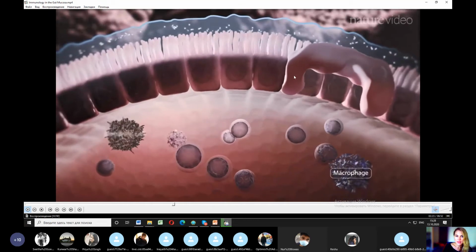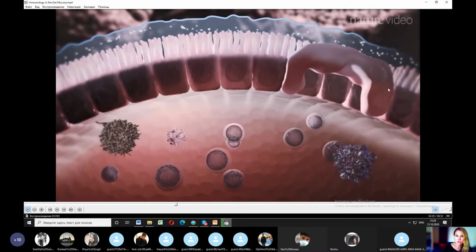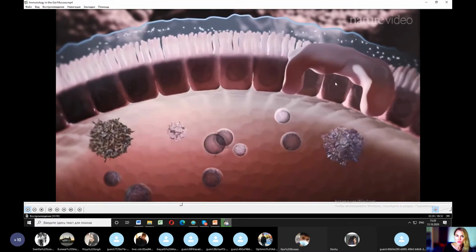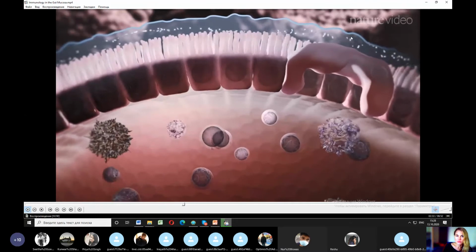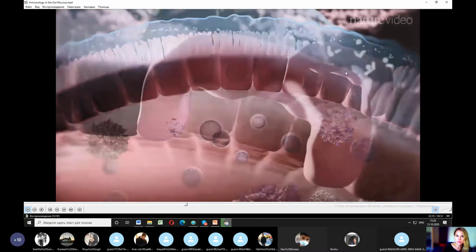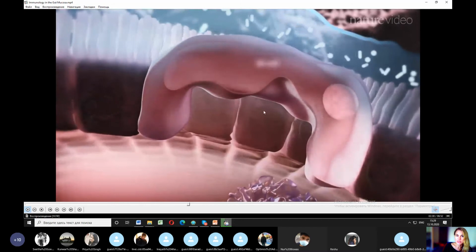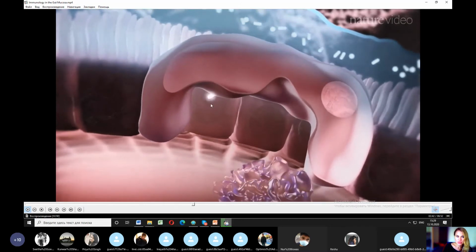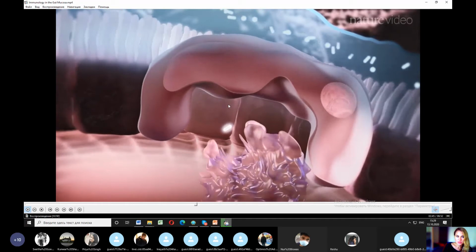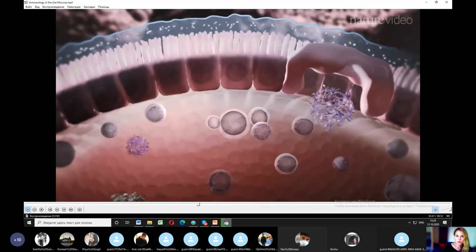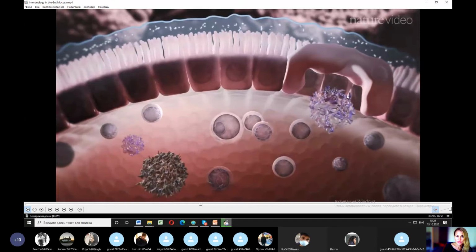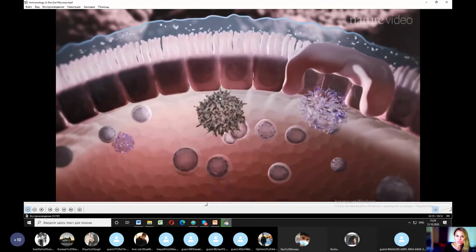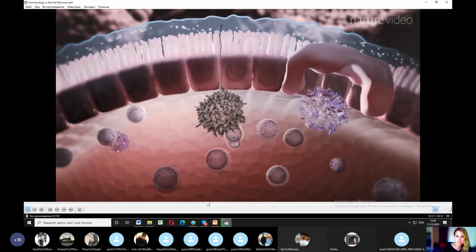So the M cell, as we mentioned before, provides the transport function for any pathogens, and as a result helps immune cells to recognize and eliminate them. So, for example, if some bacteria invade our body, the M cell passes them to the macrophage cell, and if you remember, the macrophage or dendritic cell, they are both antigen presenting cells.